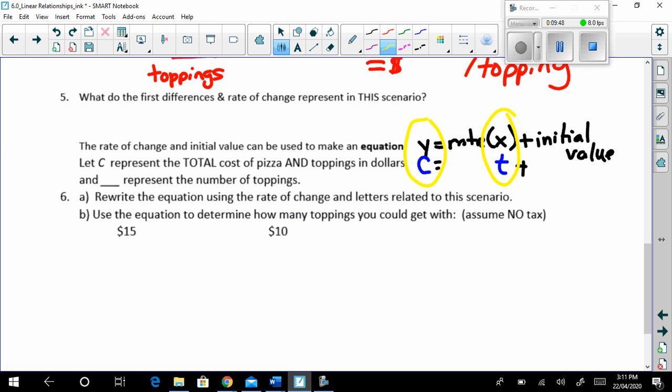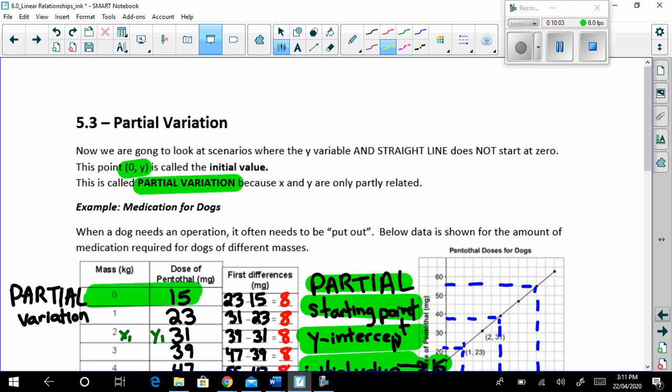So when you're making an equation, there should always be 2 letters that are your input and your output, and 2 numbers that are very specific to the scenario. So if we look back at some work from the other day, here's one on the dog that needs some medicine.